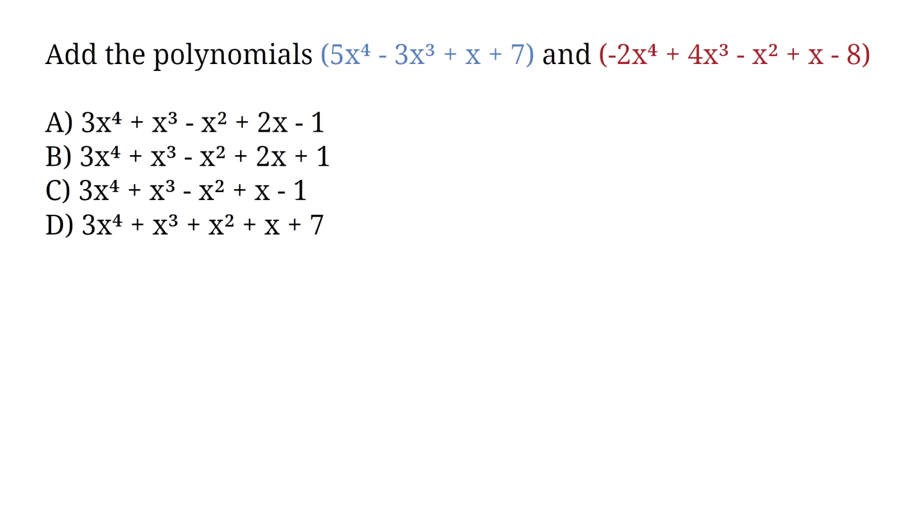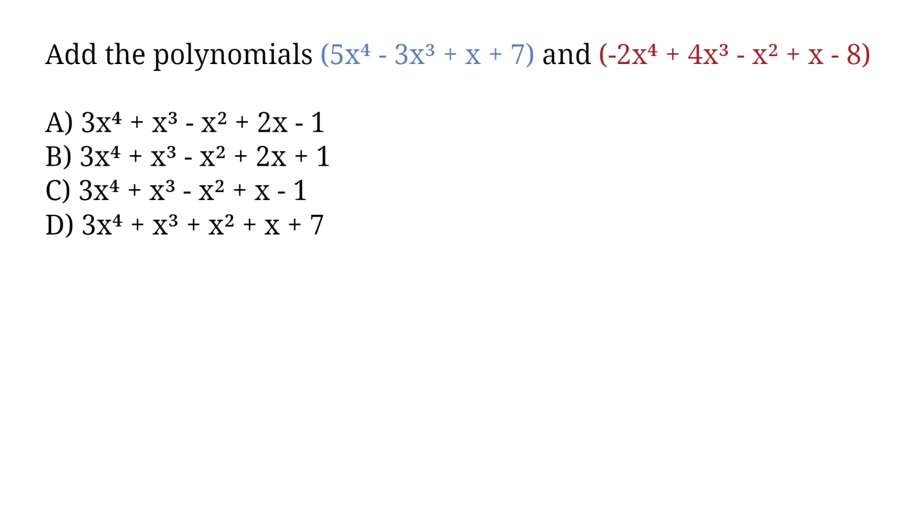Add the polynomials 5x exponent 4 minus 3x cubed plus x plus 7 and negative 2x exponent 4 plus 4x cubed minus x squared plus x minus 8. A. 3x exponent 4 plus x cubed minus x squared plus 2x minus 1.